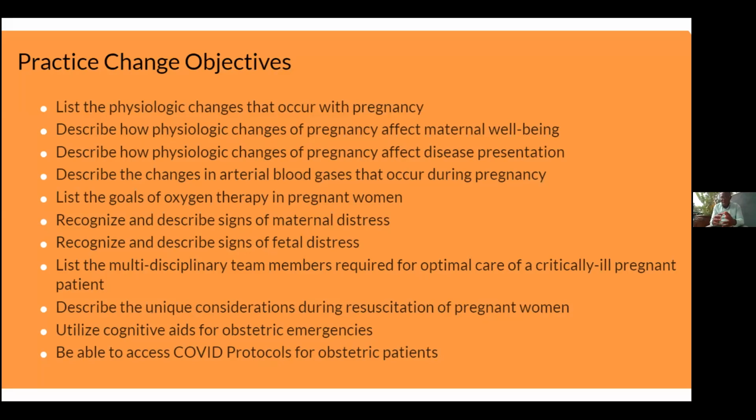We have quite a number of changes, which make intubation quite difficult, and even normal airway management, or even the voice can change. Even the tendency to bleed into the mouth and the nose, because of the enlargement of the vessels.